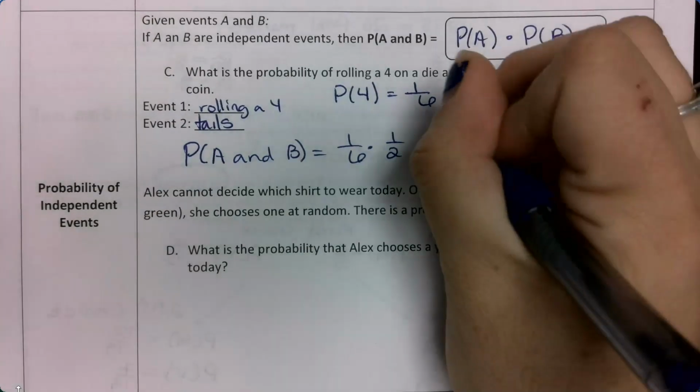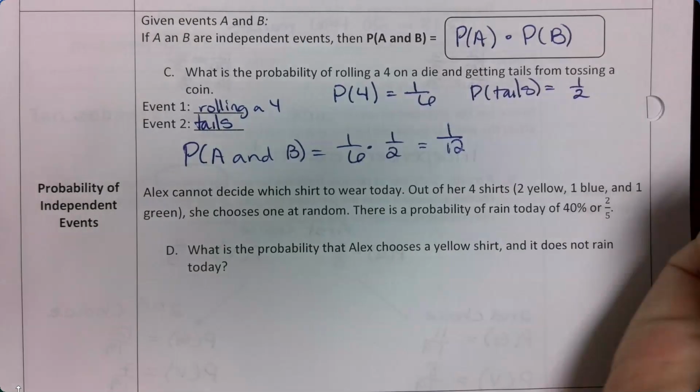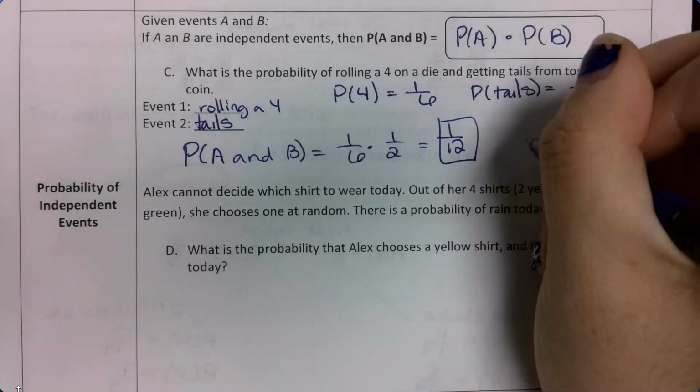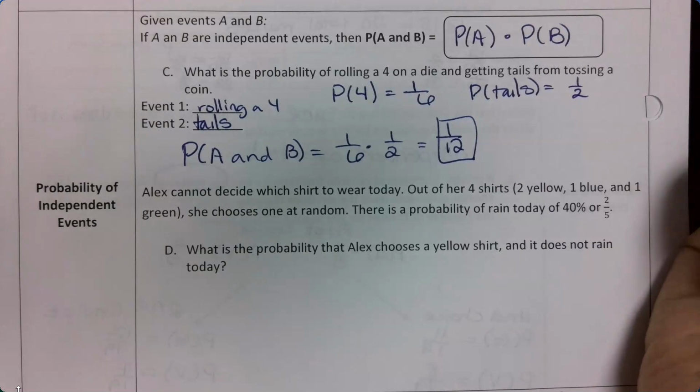And then 6 times 2? 12. So I have 1/12, and if I find that on the calculator, what is that as a percent? Remember you take your decimal and multiply by 100. So it's 8.3%.